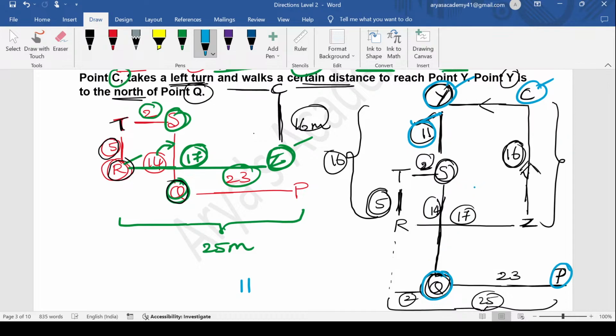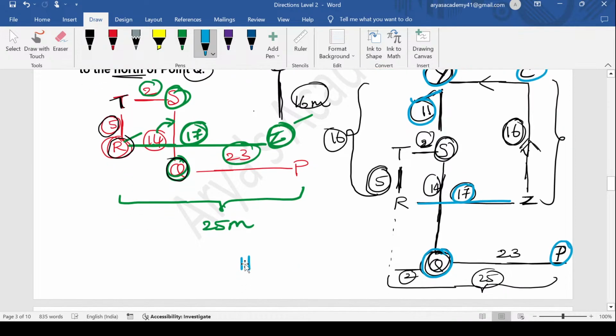Hence, are P and C in a straight line? No, P and C are not in a straight line, because the distance between R and Z is how much? 17. Okay, to make it clear, I will draw straight lines over here. See, R is here and Z is here. If you look at this particular distance, it is actually 17.